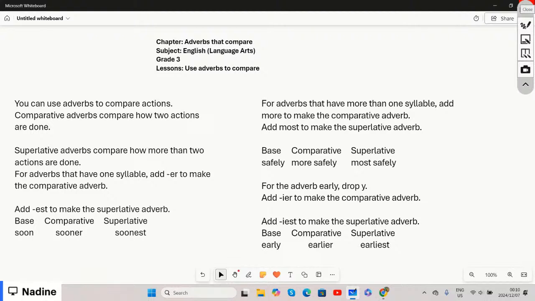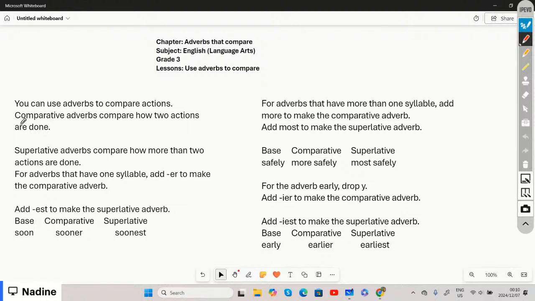And when it comes to comparative adverbs, comparative adverbs compare how two actions are done. So only two actions are done.